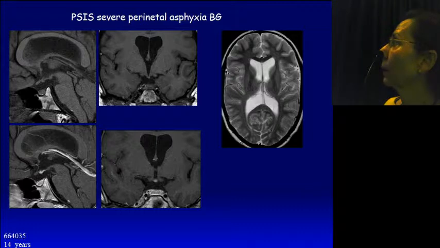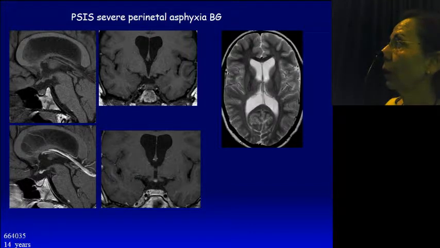What is this case? This is a pituitary stalk interruption syndrome, and the child presented with severe perinatal asphyxia, but the whole process was not traumatic. So what we see on MRI is a small pituitary gland. This is a susceptibility artifact down there. This is not a neurohypophysis.